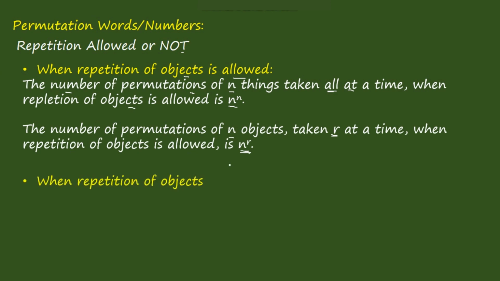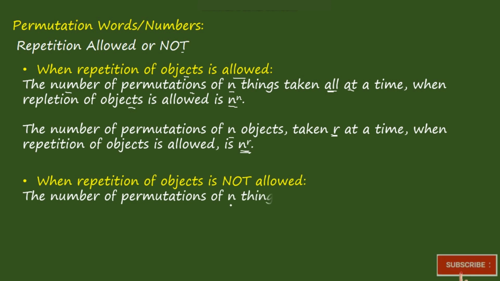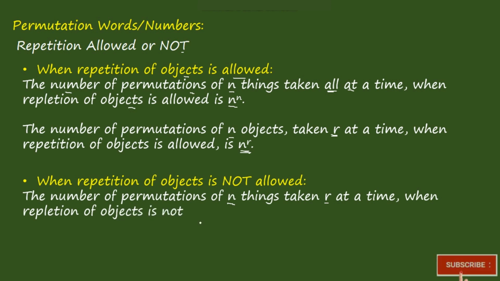Now coming to the next one, when repetition of an object is not allowed, the number of permutations of n things taken r at a time is given as nPr. We'll be using the actual permutation formula.